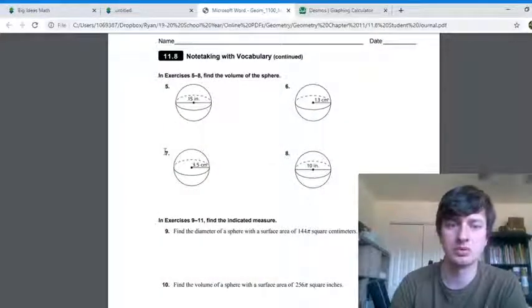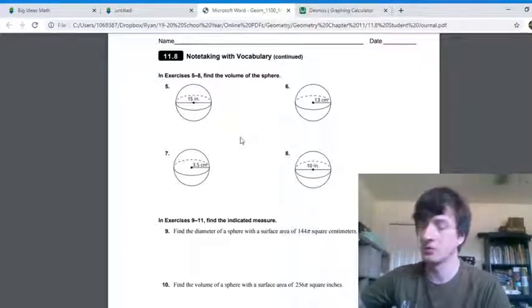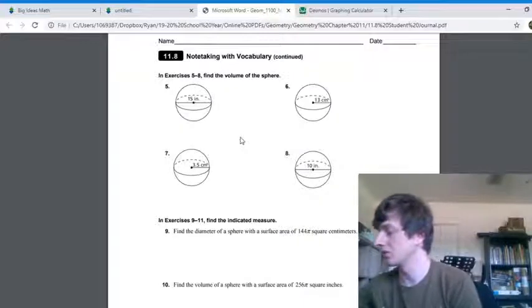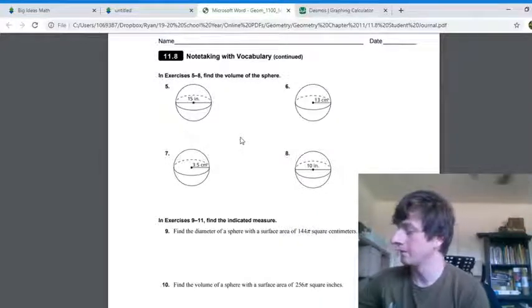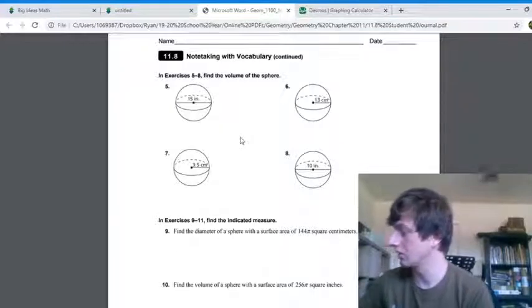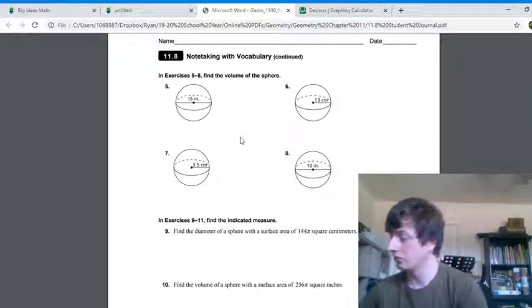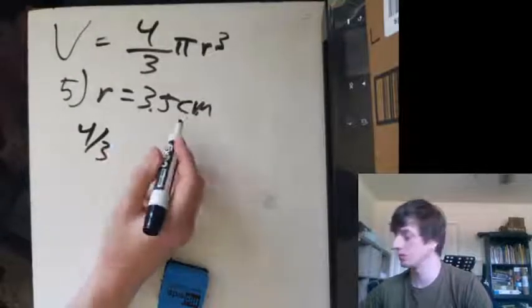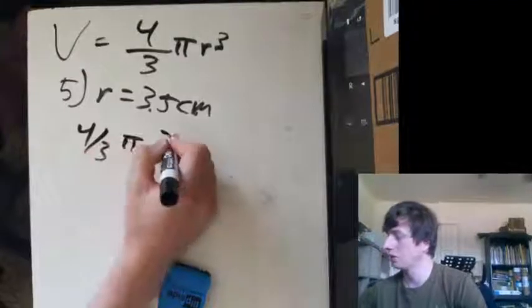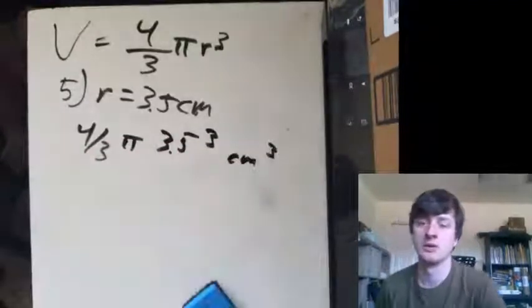We'll do number 7 here. It's basically the same thing. So now our radius is in centimeters and is 3.5. And we would have done this all in class. So we get 4/3. Our radius is 3.5 centimeters. Pi 3.5 cubed, and it's centimeters cubed as well.